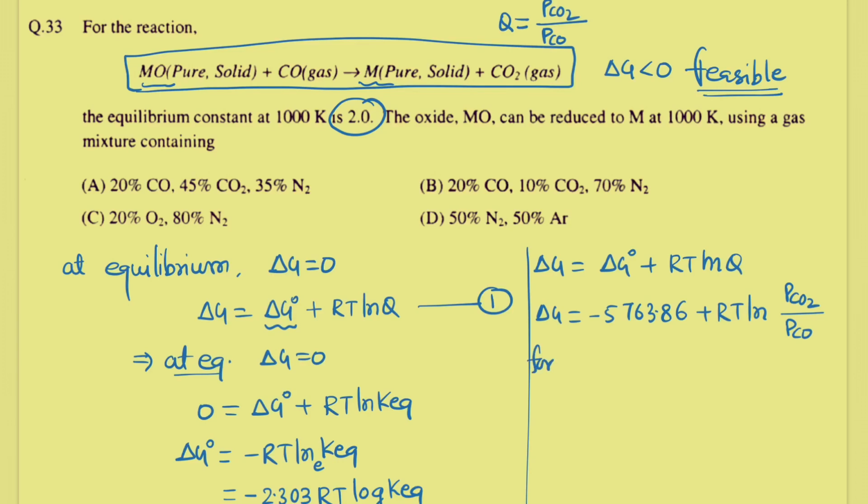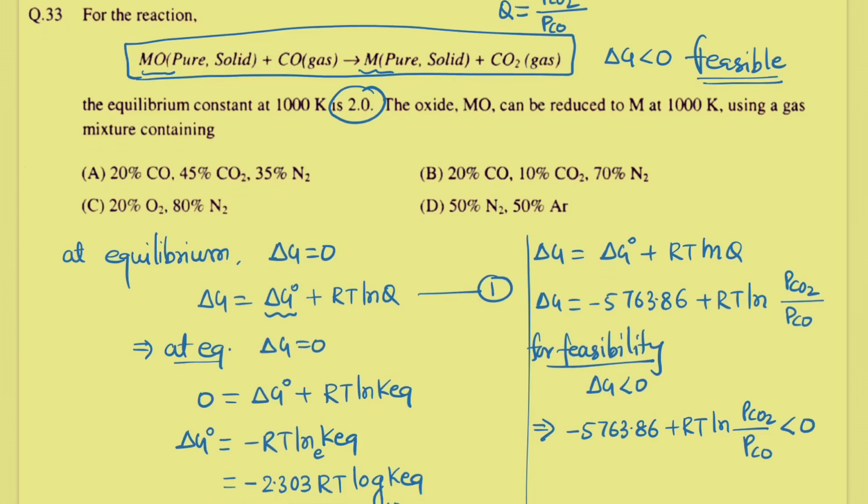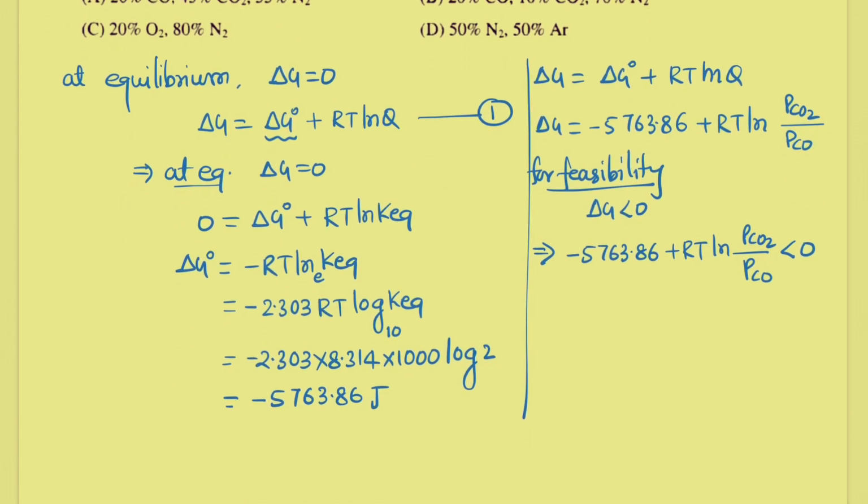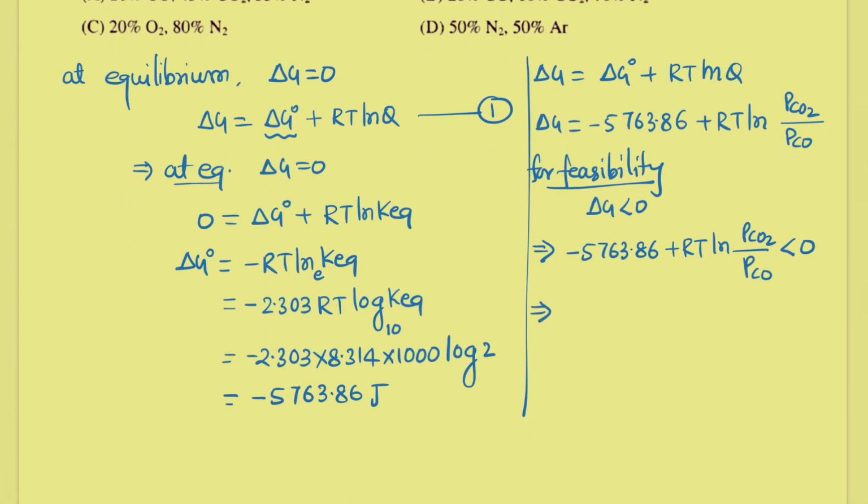Now for feasibility of the above reaction, delta G should be less than 0. So we can write minus 5763.86 plus RT ln PCO2 by PCO is less than 0. Then we have to solve it. So RT ln PCO2 by PCO should be less than 5763.86 joule. We can convert this ln to log.